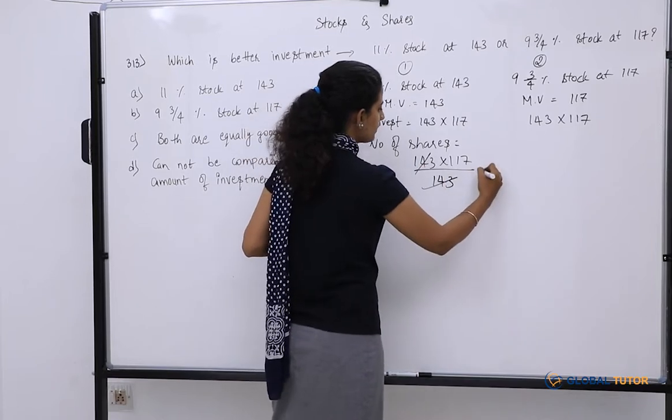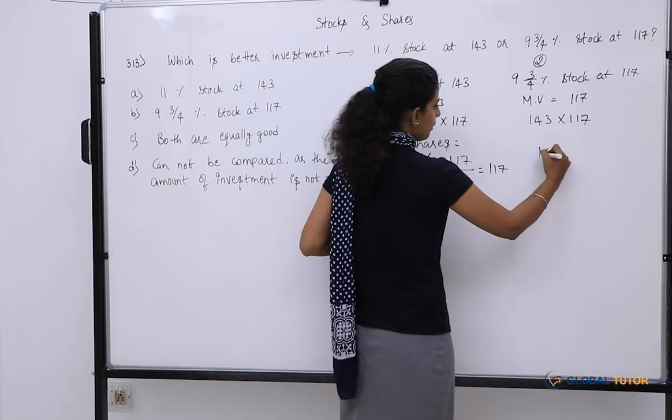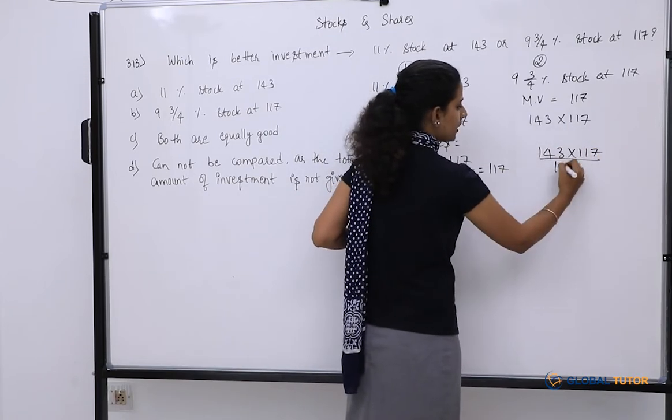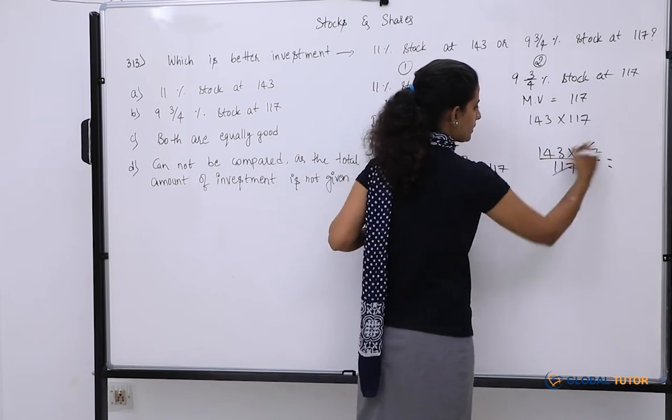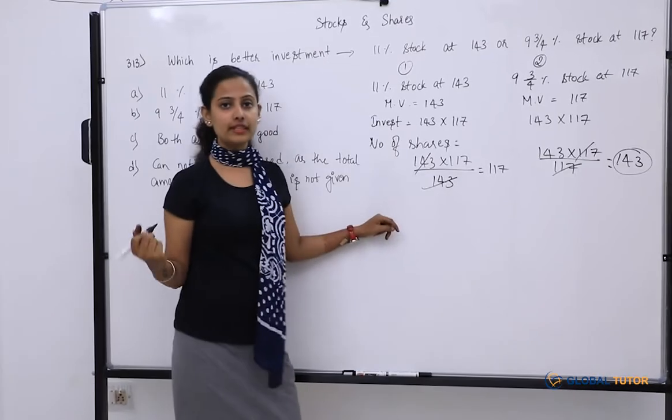So, here in this case it is 117. Similarly, in this case 143 into 117 divided by the market value 117, which gets cancelled. So, in this case it is 143.